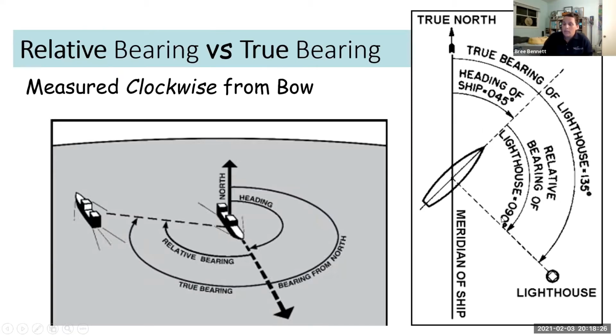So those relative bearings, I'm going to say, they're not as accurate to get, right? Because we don't have an instrument that really measures from the bow to wherever it is.